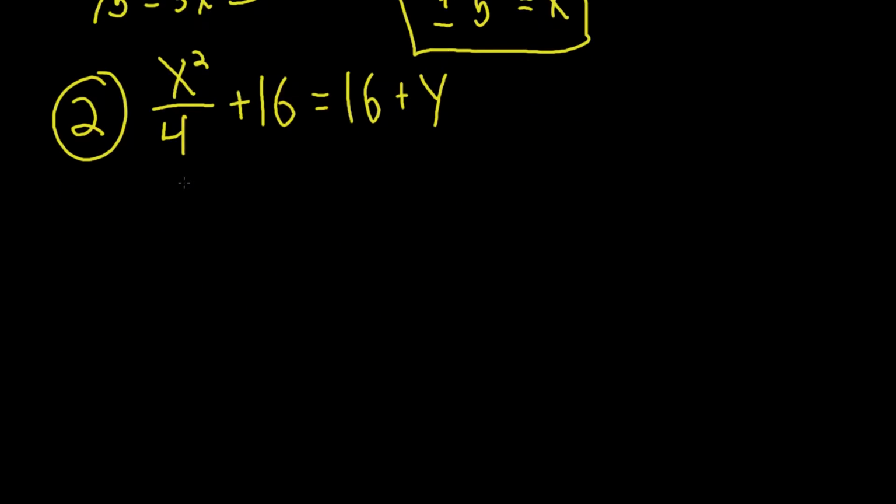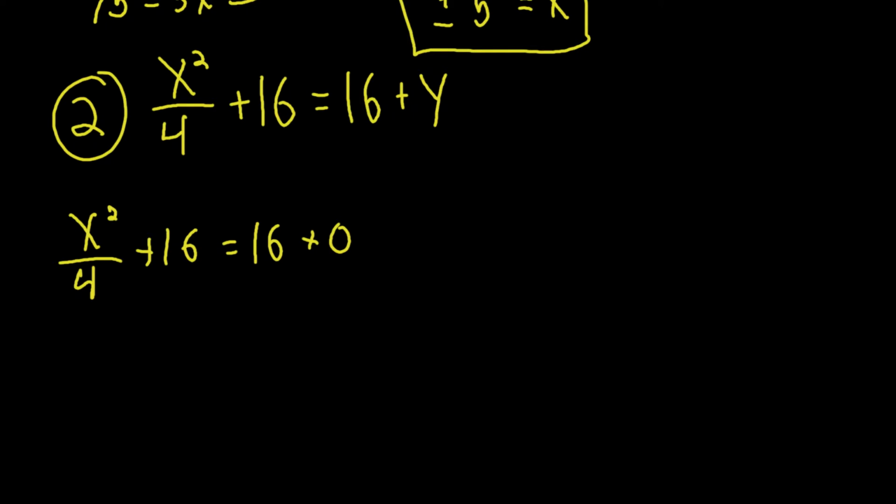Okay, so our next example seems a little bit tricky, but it isn't really too bad. Our first step is to set y equal to 0. So we're going to have x squared over 4 plus 16 equals 16. And remember, y is equal to 0, so plus 0.